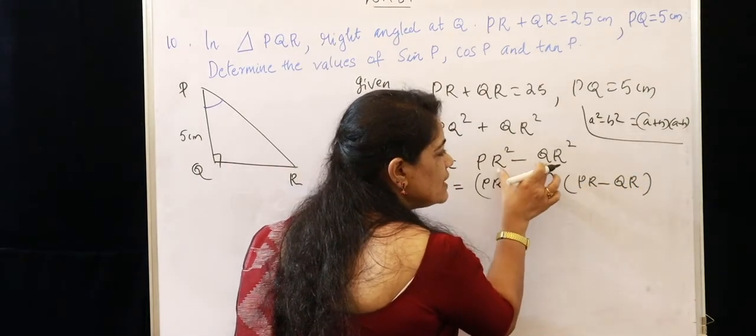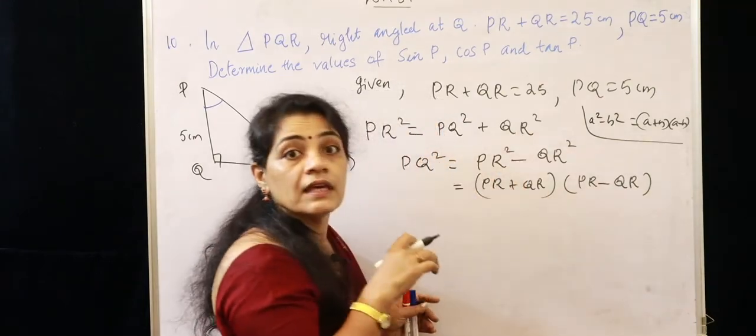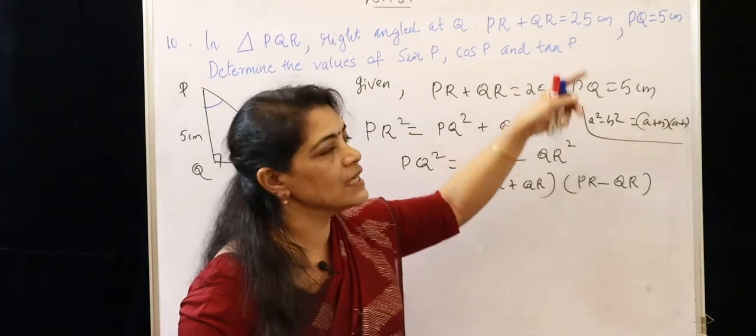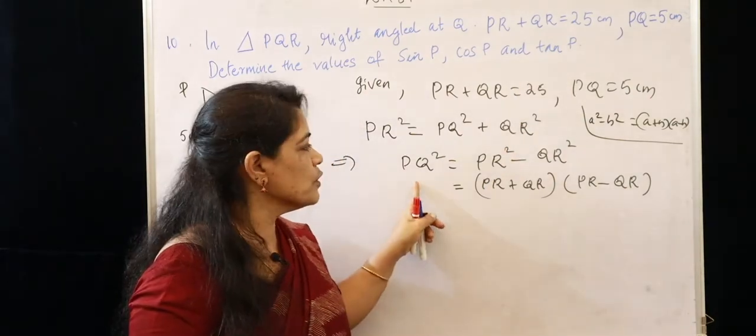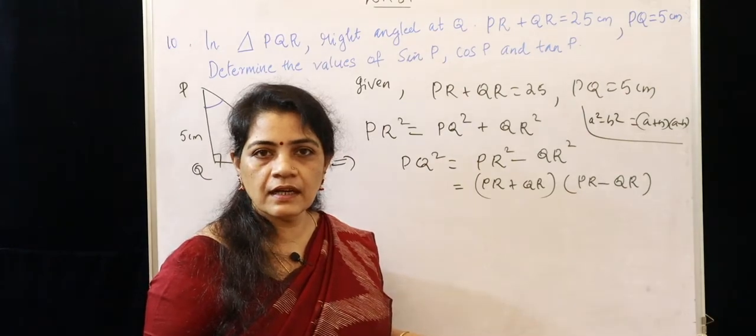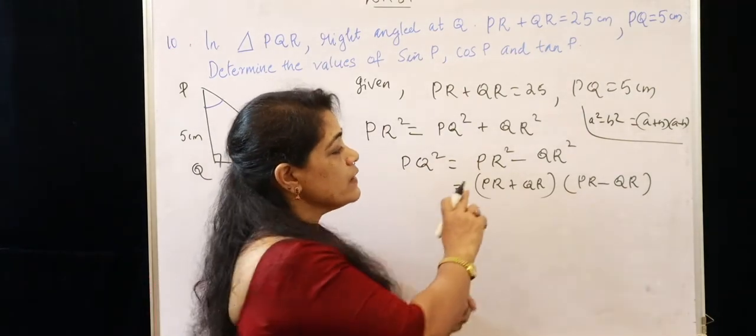If you write the equation in this form, in the next step you can substitute PR plus QR, which is given as 25, and also PQ, which is given as 5. Is the concept clear, children? This is very important.